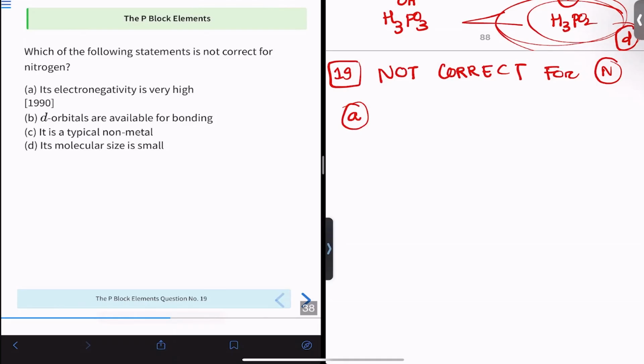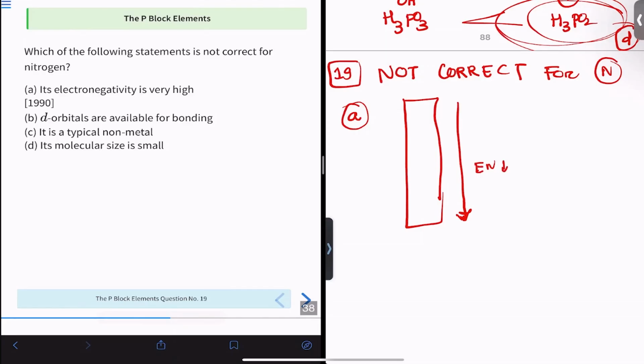Yes. Remember this, guys: in group 15, in all the p block elements, as you go down the group, the electronegativity of the elements decreases.